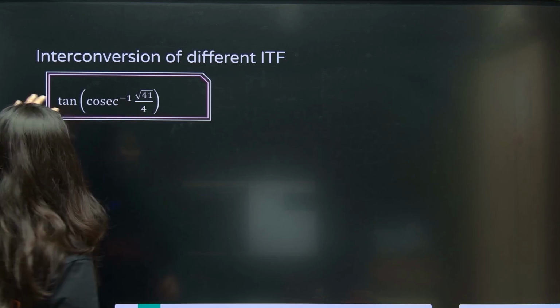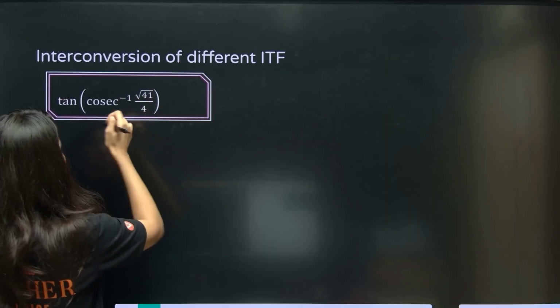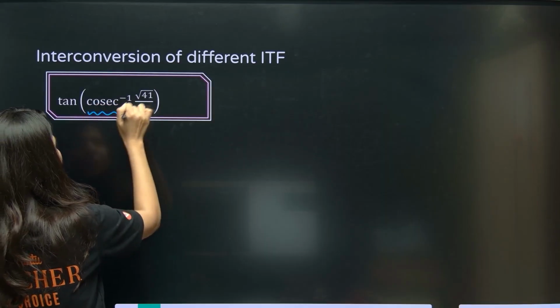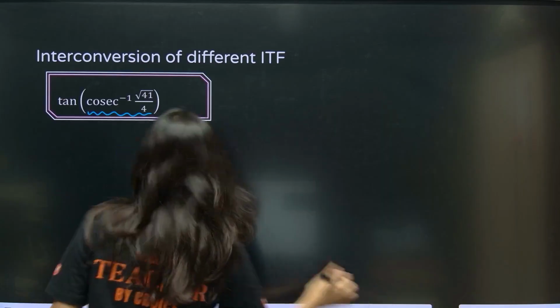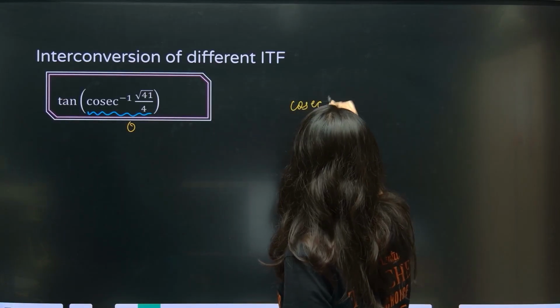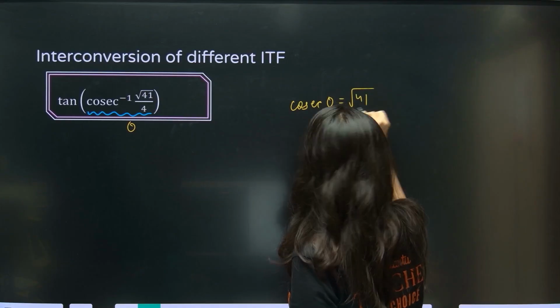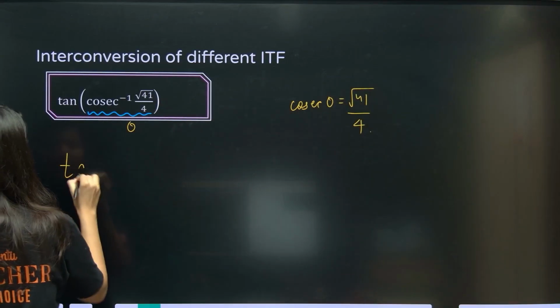First of all, whenever you see such a tan with an inverse function inside, what you have to do is take cosec inverse as theta. That means cosec theta will be root 41 by 4. And the next step will be, you just have to write tan theta.